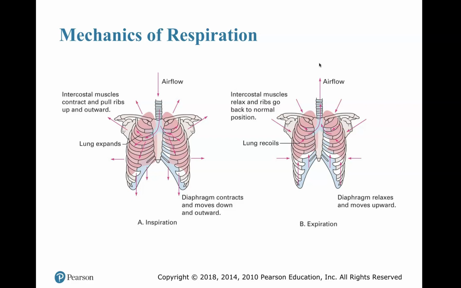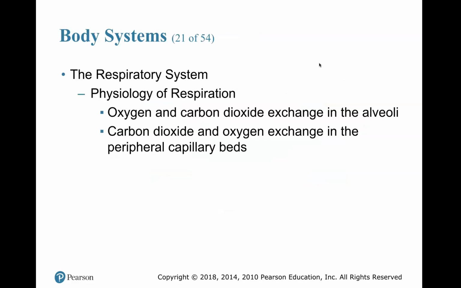And the diaphragm relaxes and moves upward, which happens because the lungs are recoiling back to normal, or their resting state. The ribs and the diaphragm have to move back to their normal state, because we don't want to have any extra space in the thoracic cavity.